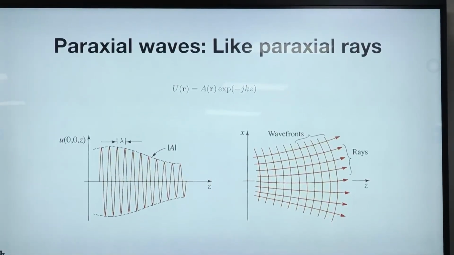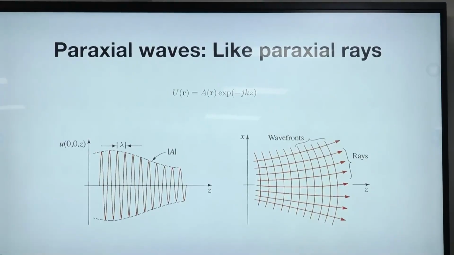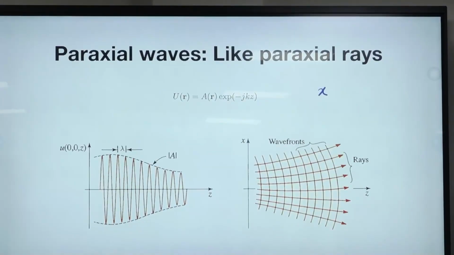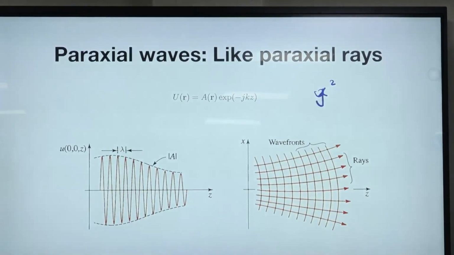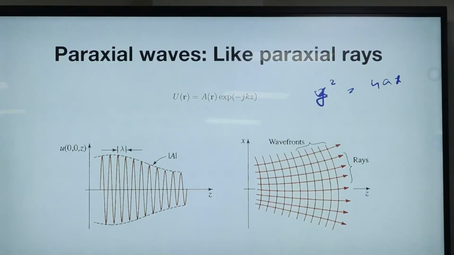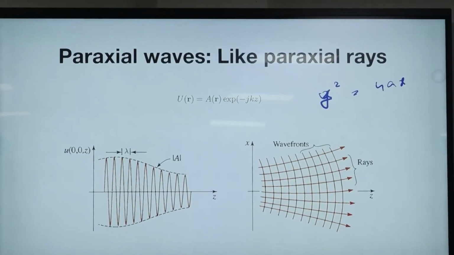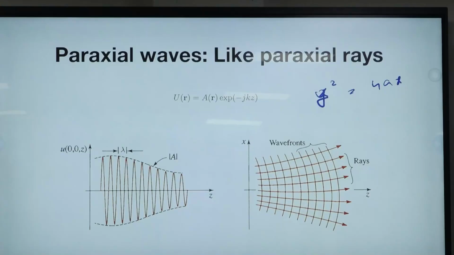So we can connect these. So y square equals 4ax is a parabola, right? So x square plus y square equals 4ax is a parabola in that sense. If you look at it from different cross sections, it'll look like a circle in one, but if you look at it from the xz cross section, it's a parabola.